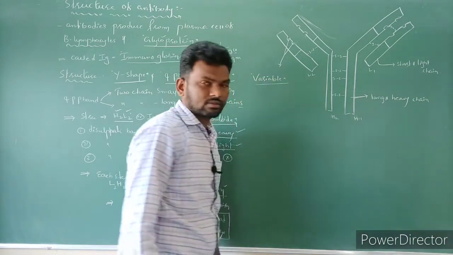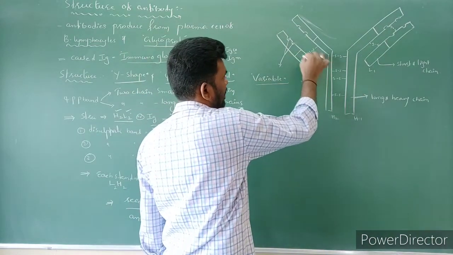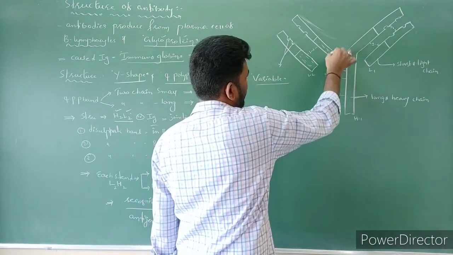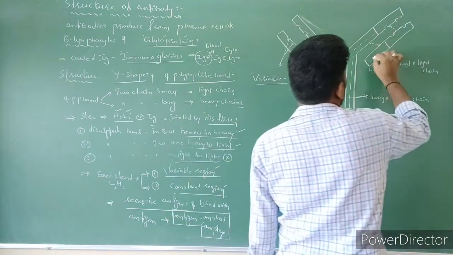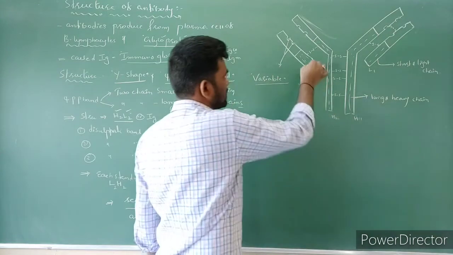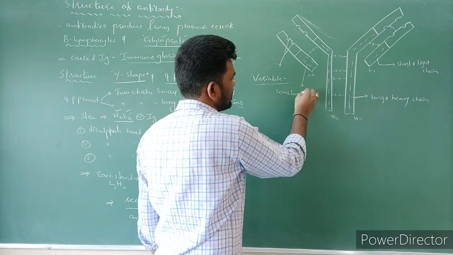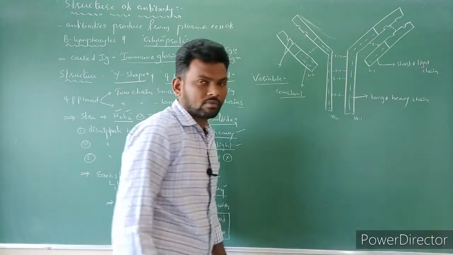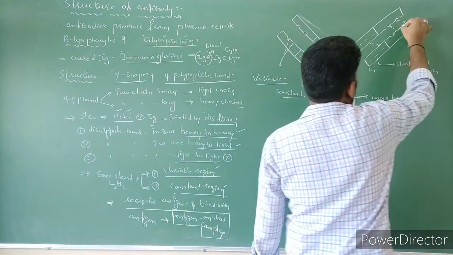So this one is the constant strand. Here are variable regions, here also variable regions.